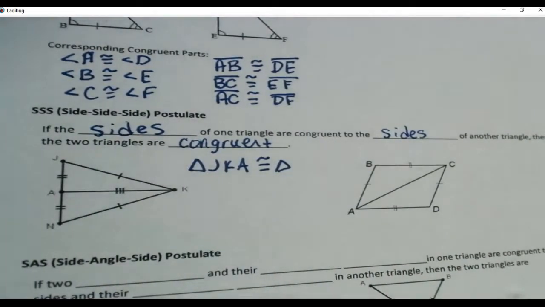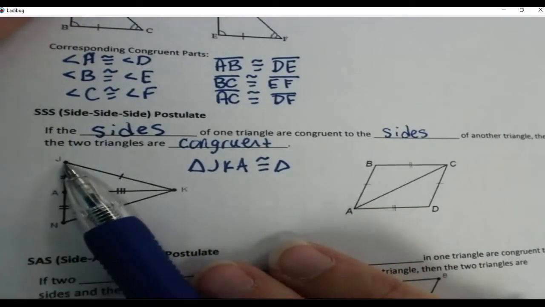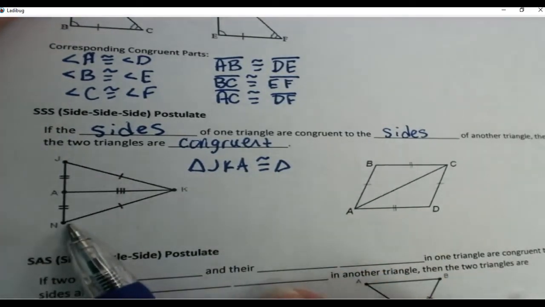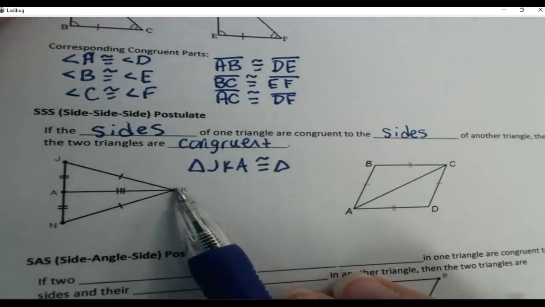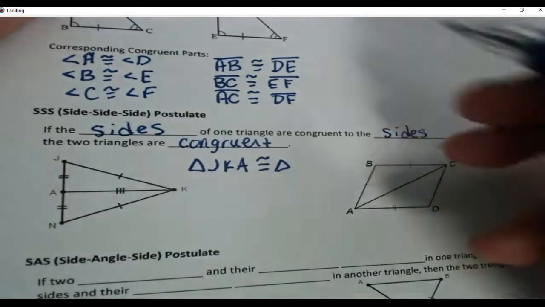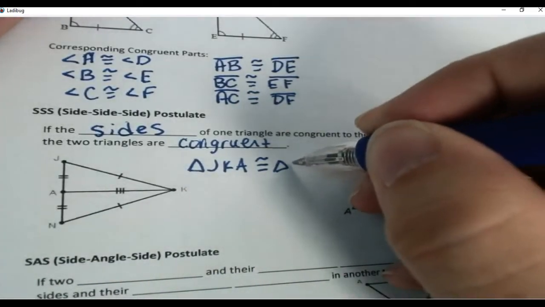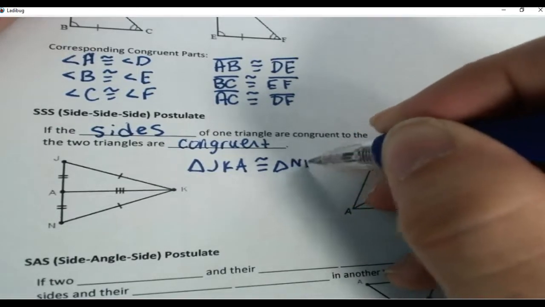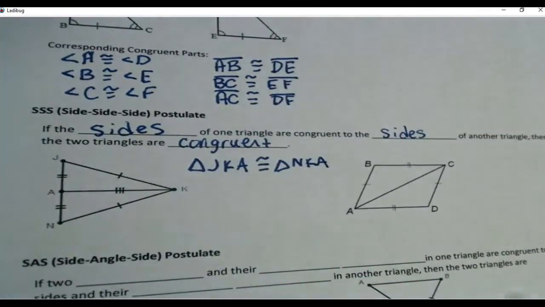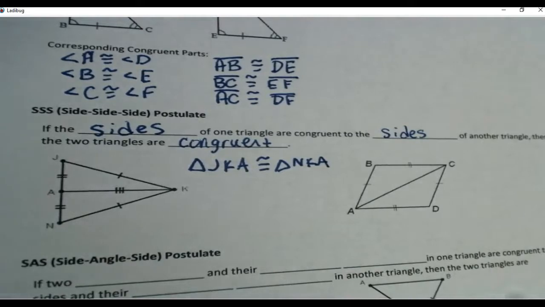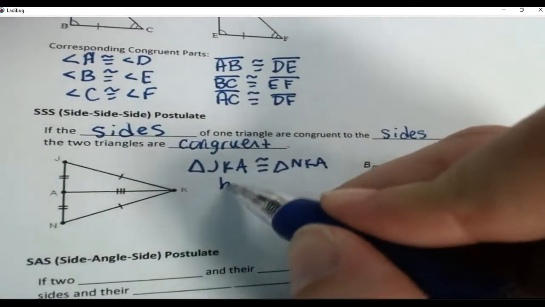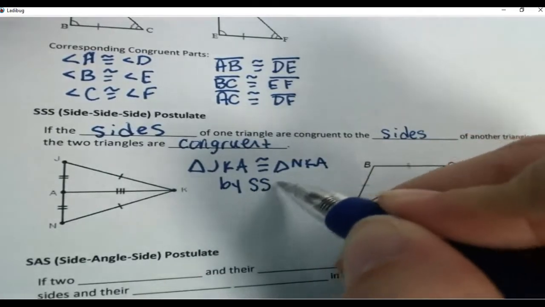So remember, when you're writing the statement, the first ones you just put in whatever order. But then for your second one, you have to match them. So J matches N, K matches itself, and A matches itself. Good. So N, K, A. Okay. And so we know that by side, side, side.